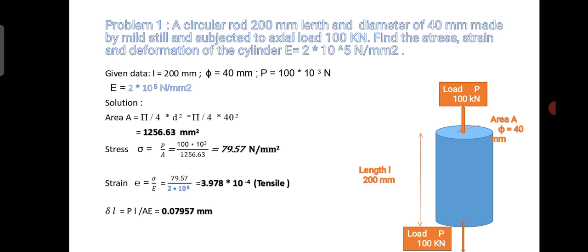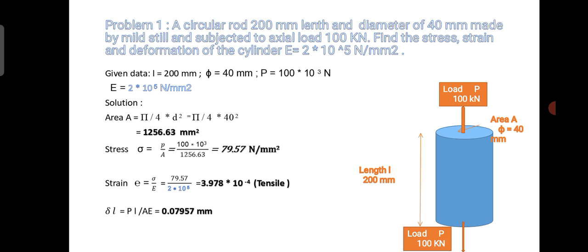So axial load equals 100 kilonewton. Find the stress, strain and deformation of the cylinder if E equals 2 into 10 raised to 5 Newton per square mm. So we write all the given data, draw the figure, and by applying the simple formula, we can find the solution of the problem.